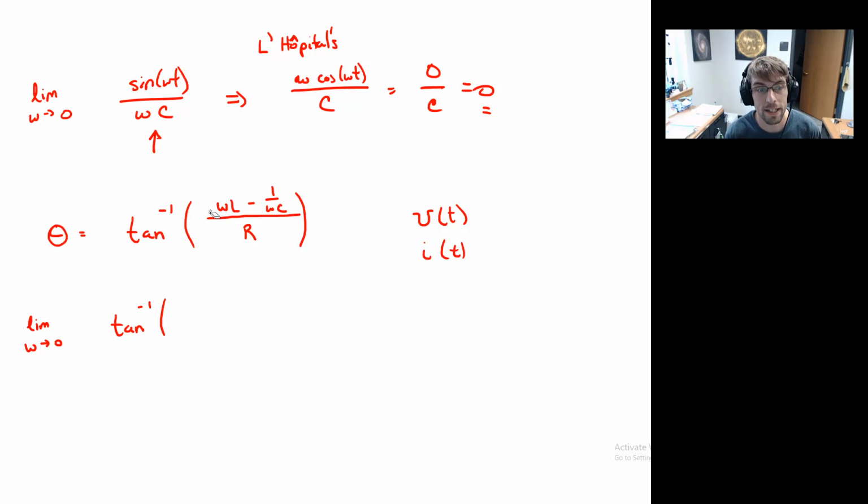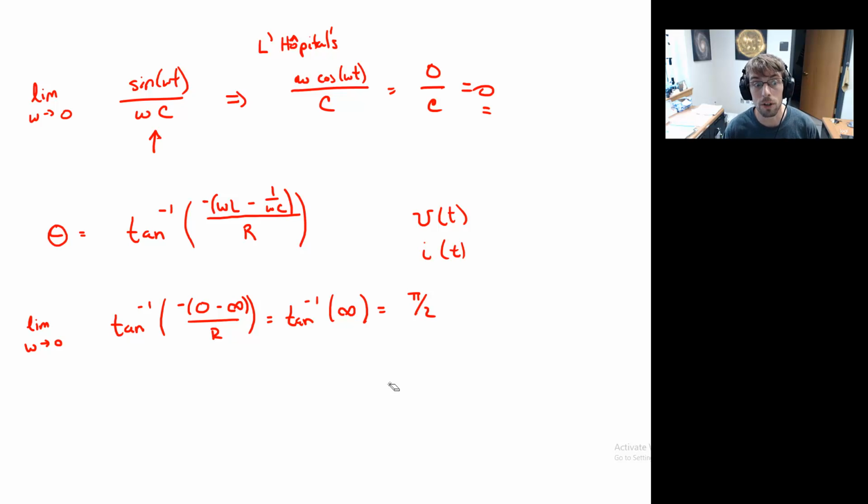Oops, excuse me, I had a negative sign here. There's a negative sign in front of that imaginary term. So omega L goes to 0. I have 0 minus essentially infinity over R. So I get something like the inverse tangent of positive infinity, which is equal to, not undefined, this is pi over 2.